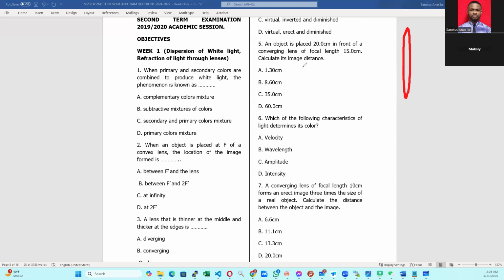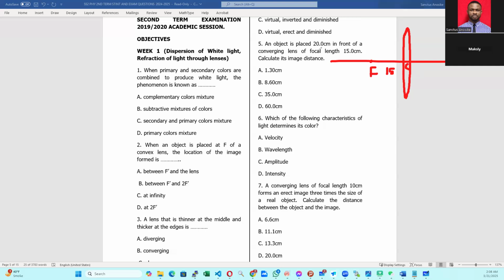Now, this is 20 cm. Assuming the object is here. Let's say this is the focus. From the optical center to here is 15. That's the focal length.